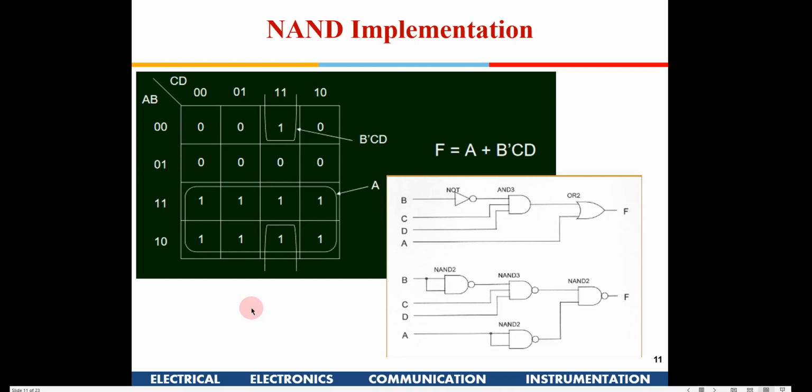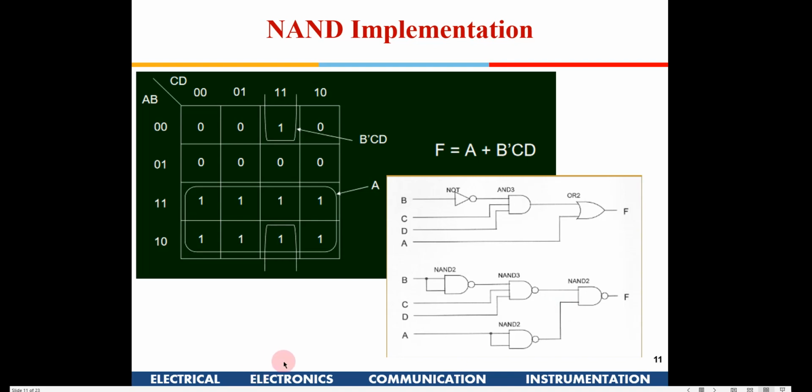If you are given min terms, you might have to draw a K map like this, and then solve it for a min sum, using the K maps. From the K maps you will have to get the AND OR implementation, and then from there make the NAND implementation.